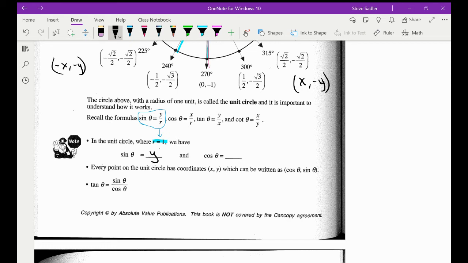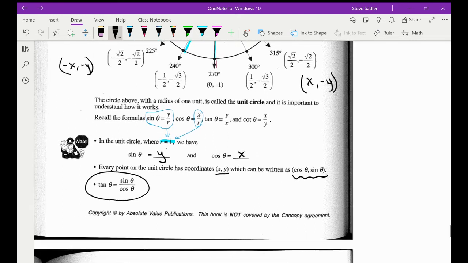And same thing with cos theta, right? It's x over r, but r is 1. So that means cos of theta is just x. So every point on the circle has coordinate x, y, but we can write that as cos theta, sine theta, which we did on the previous page. And we also know that tan is always sine theta over cos theta, if you're ever unsure.